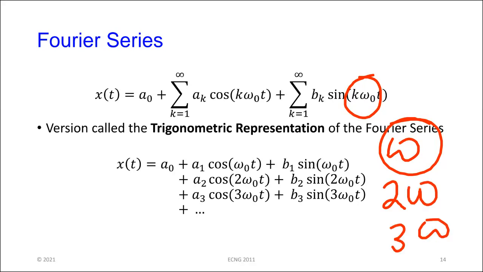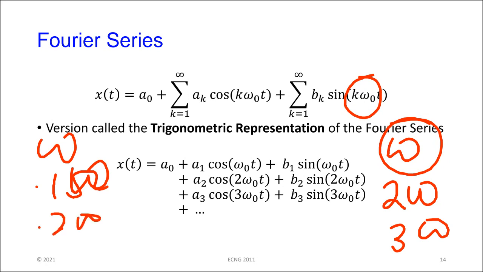If I were to do it like omega, then 0.1 omega, then 0.2 omega, it makes the thing a lot more complicated for no reason. It's just a mathematical convenience.